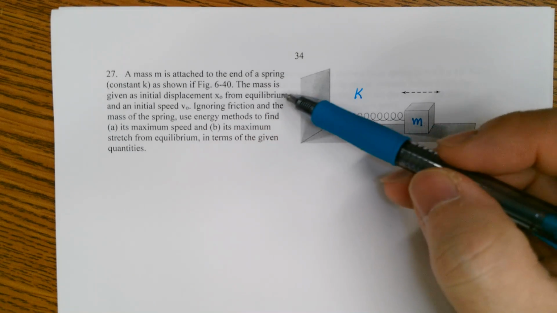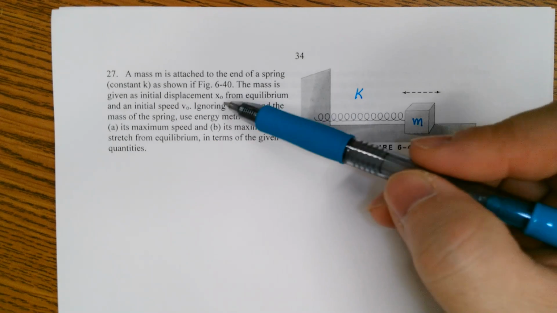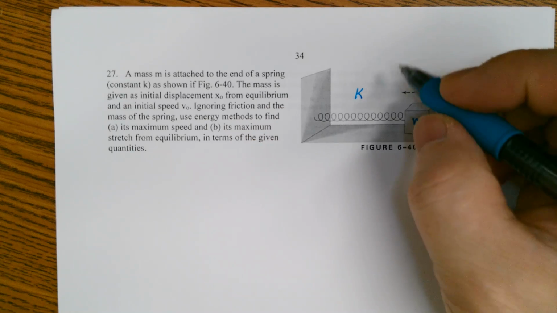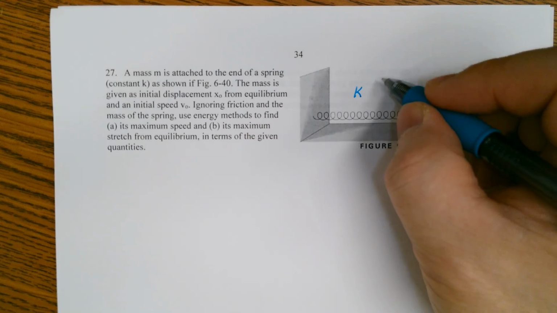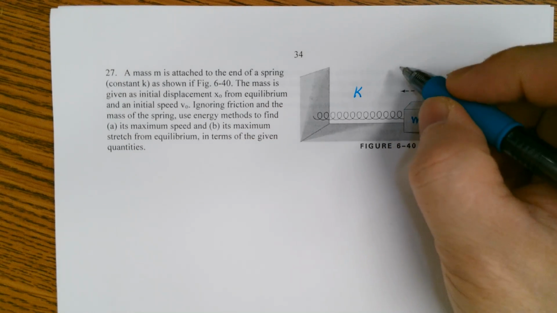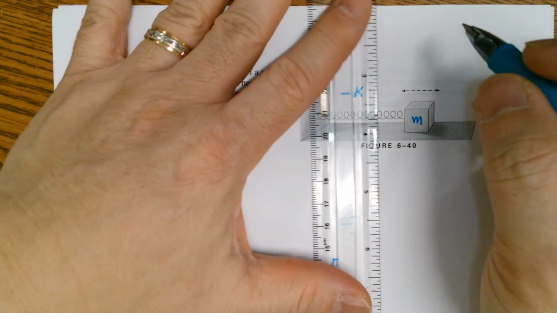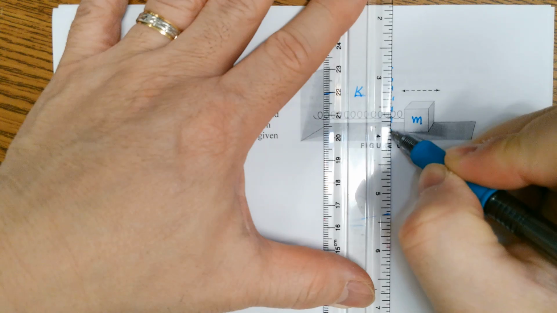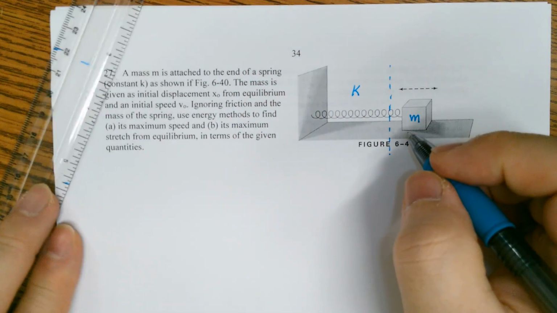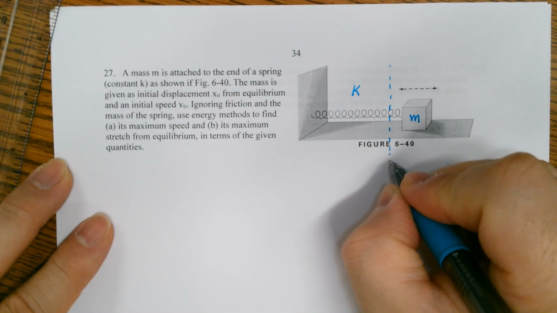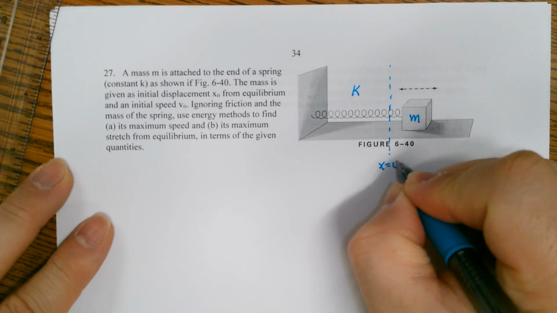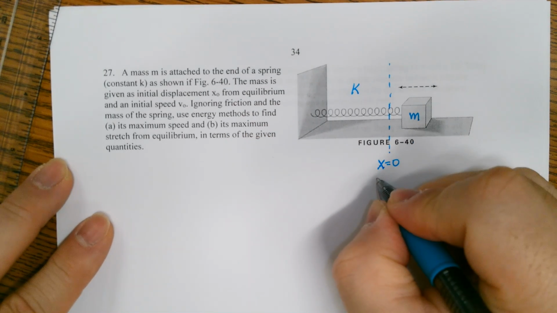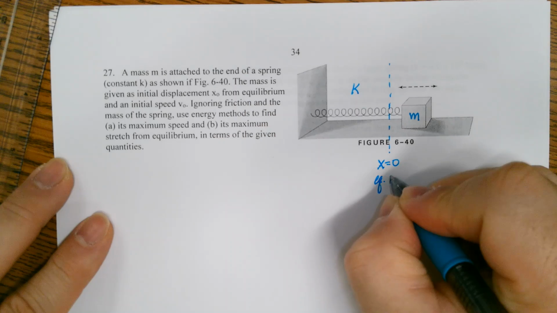The mass is given an initial displacement of x naught. So let's say this is the equilibrium position, where x is equal to 0.